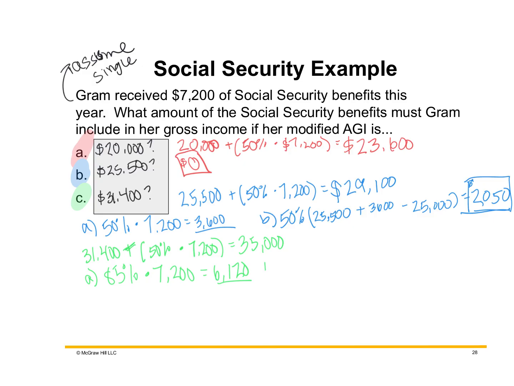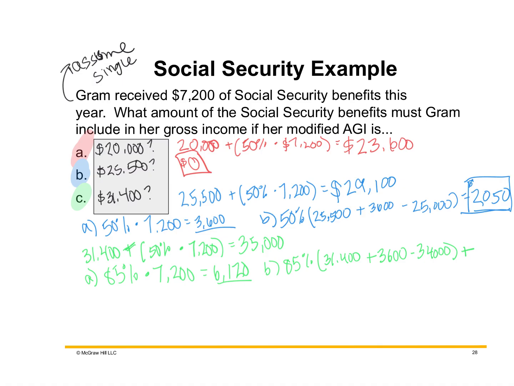Now option B. The starting part is 85% multiplied by modified AGI, so that's 31,400, plus 50% of our Social Security benefits, so 50% times 7,200, that gets us 3,600, minus 34,000, plus the lesser of $4,500 or 50% of our Social Security benefits.